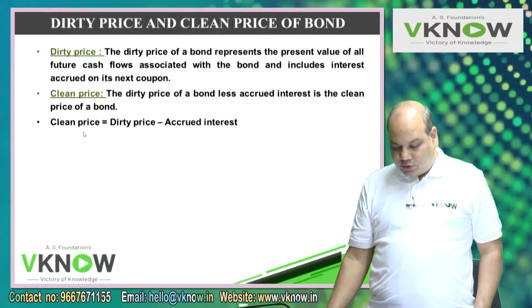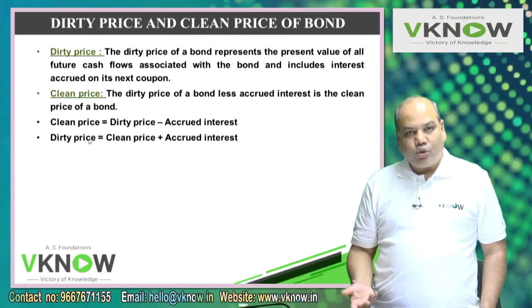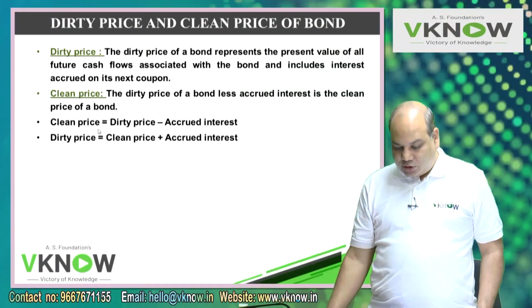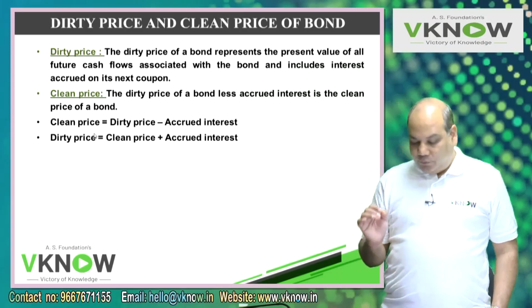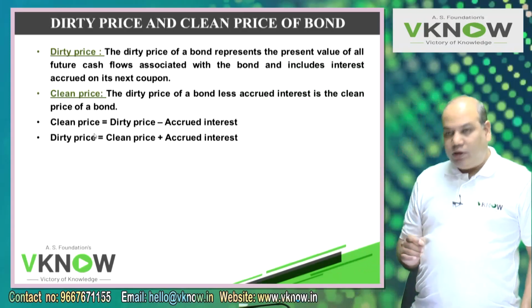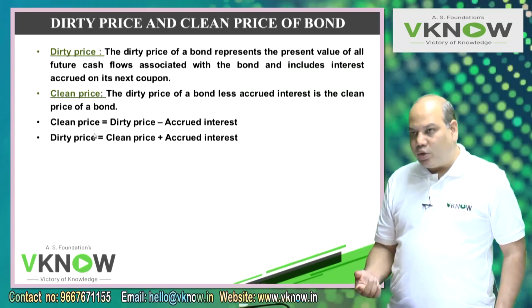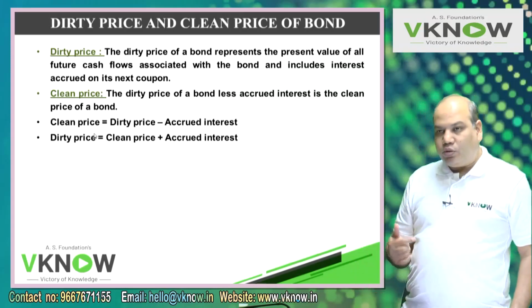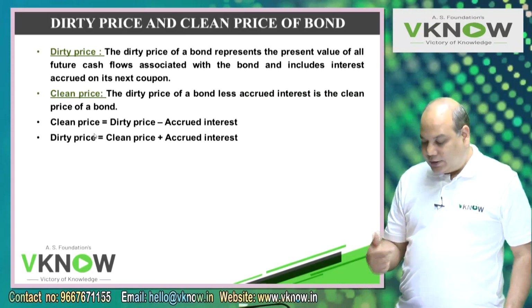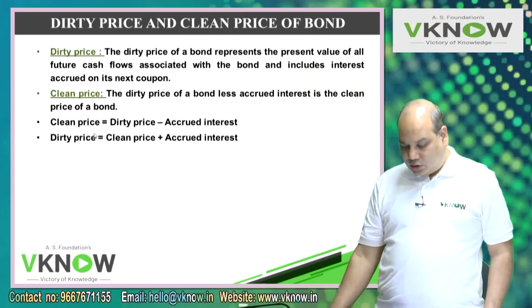So what is the difference between dirty price and clean price? The accrued interest. So the equations are like this. If you want to find clean price, it is equal to dirty price minus accrued interest. If you want to find dirty price, it is clean price plus accrued interest.